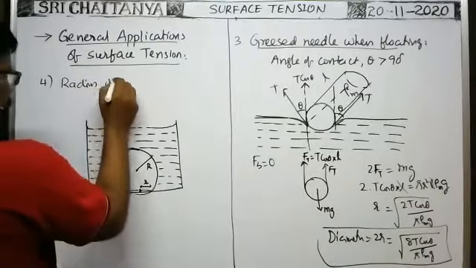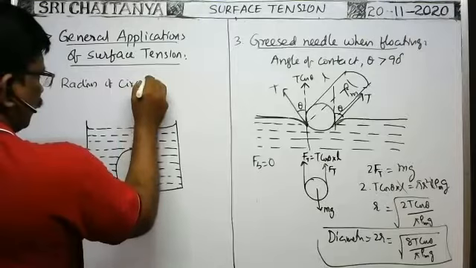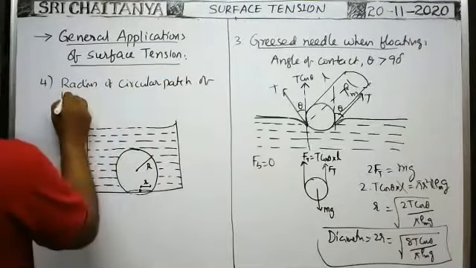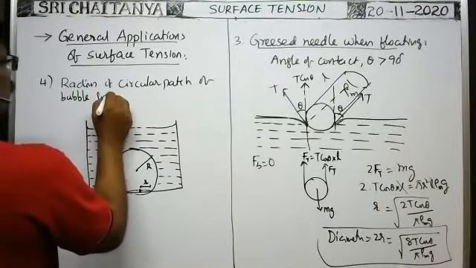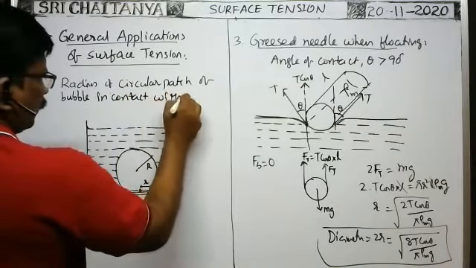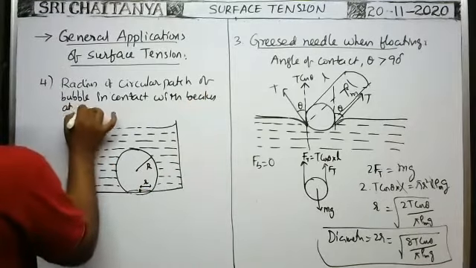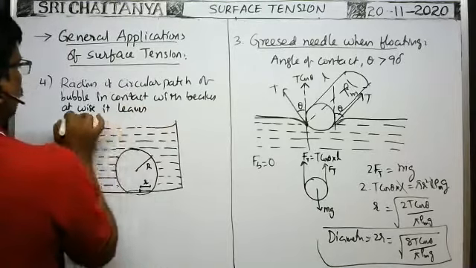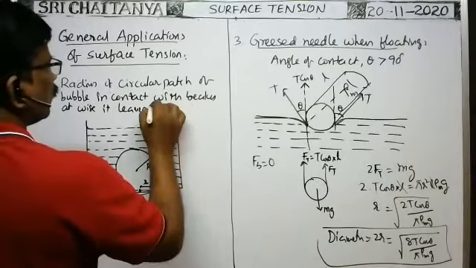Radius of the circular patch of the bubble in contact with the beaker at which it leaves, while heating.